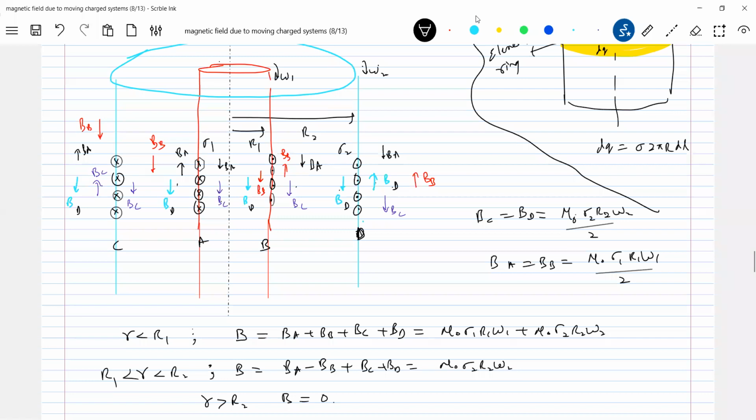Getting the idea? So, the superposition. Or else you do one thing, you take the ring method. In the ring method, calculating the field inside is okay, but outside will again need to be a little bit careful. That's why I just took this method.